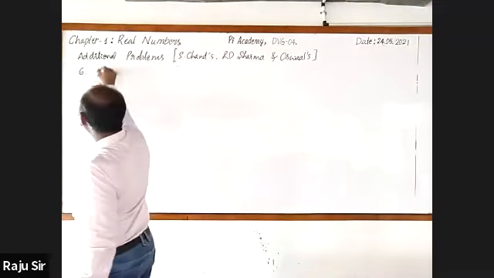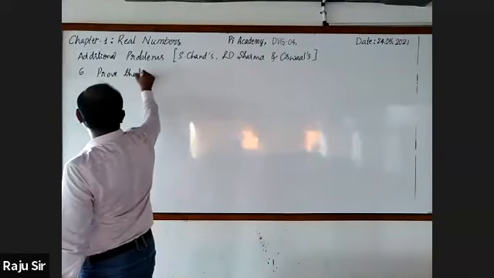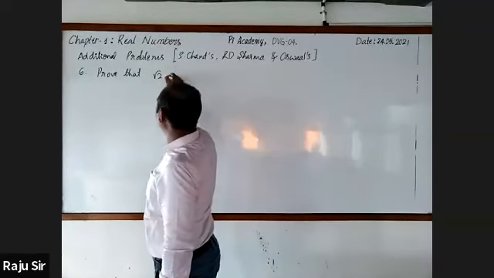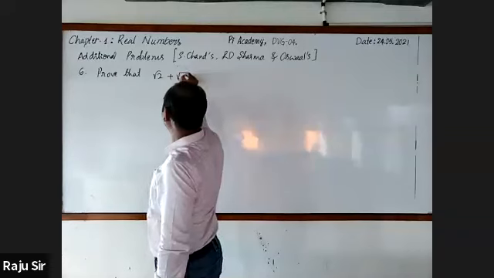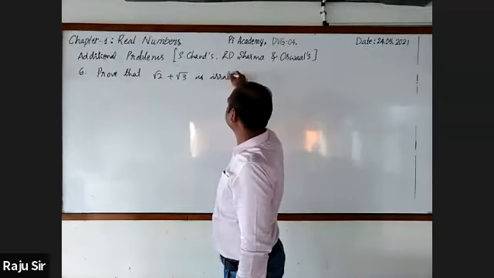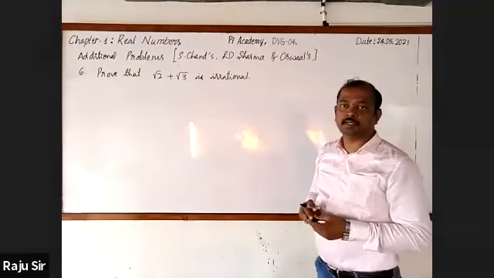Question 6. Prove that root 2 plus root 3 is irrational by contradictory method.